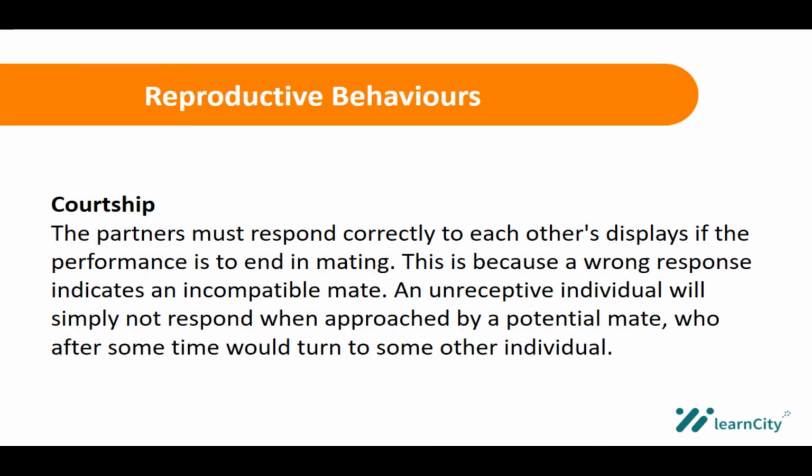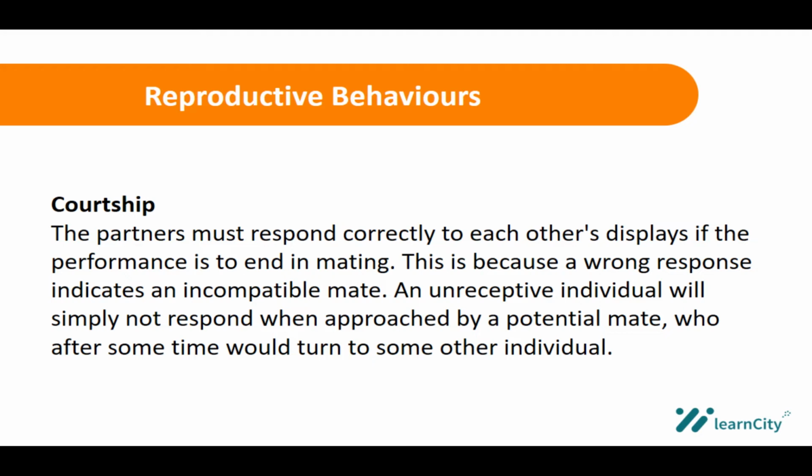Now, the partners must respond directly to each other's displays if the performance they display is to end in mating. This is because if the response is wrong, or if there's no response, that indicates an incompatible mate.